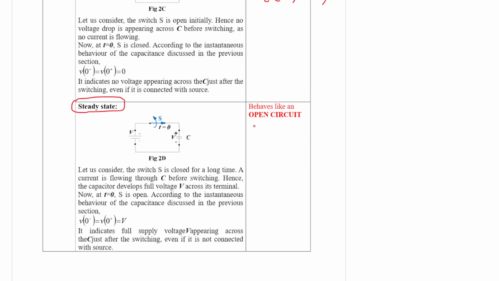So we can write Vc 0 minus is equal to V. Now the moment you open the switch S at t equal to 0, just after the switching it remains at V, because voltage across the capacitor does not change instantaneously.